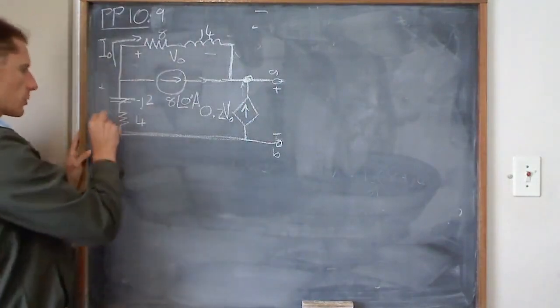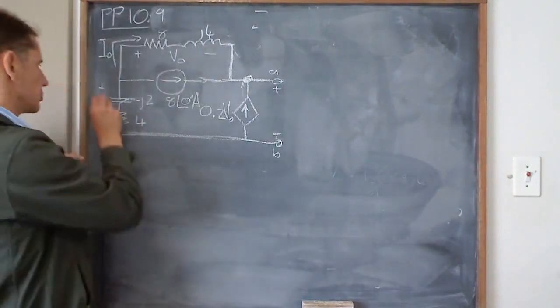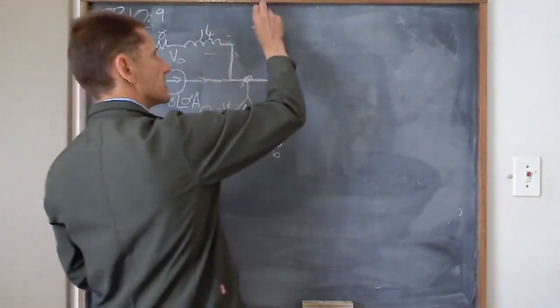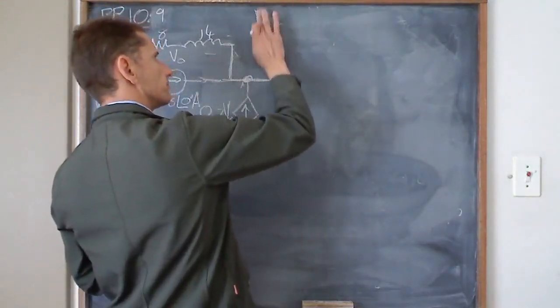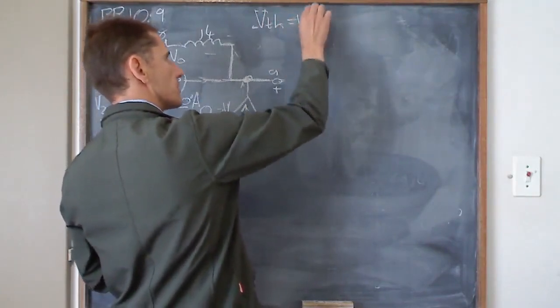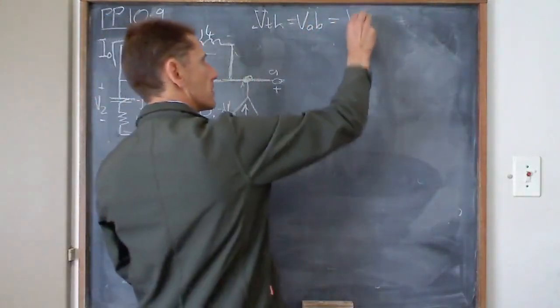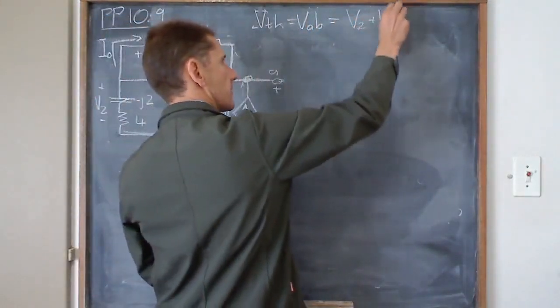So let's call this one V2. So what I'm reasoning here is that V Thevenin equals VAB, which is going to be V2 plus V out.